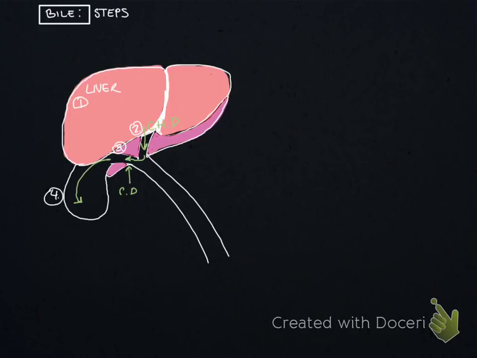And whenever there is fat in the duodenum, there's a release of the hormone CCK, or cholecystokinin, that causes the gallbladder to contract. And then bile makes its way back out through the cystic duct. So that will be number 5.